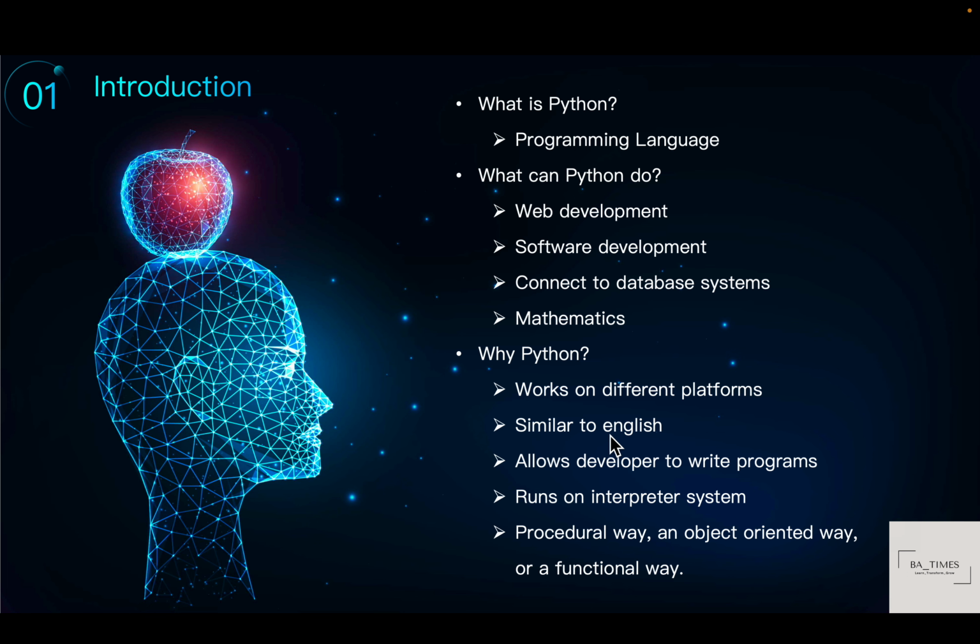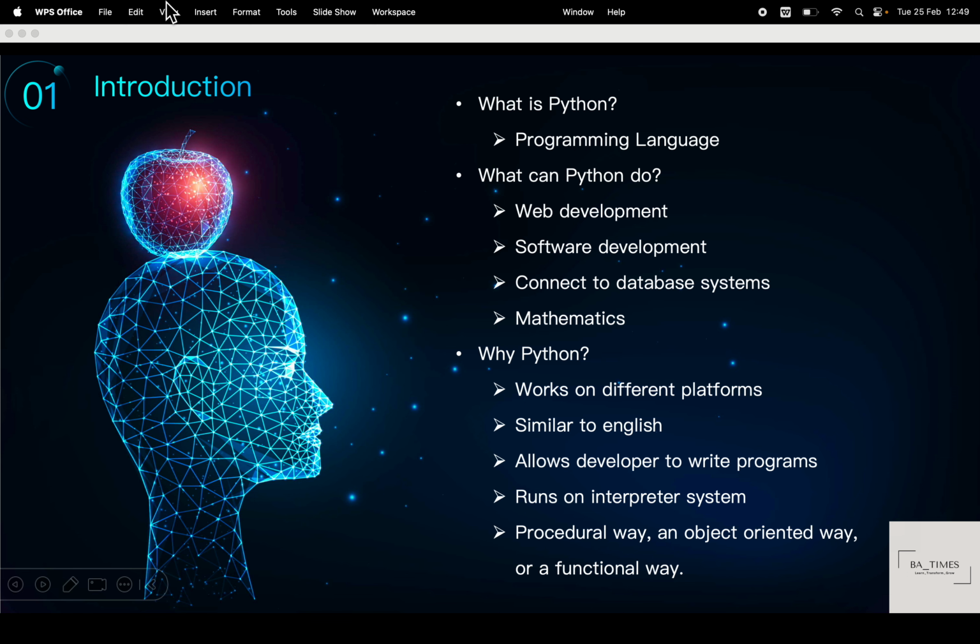Coming to installation of Python, so in most of the PCs and laptops nowadays, Python is already being installed in your system. But if it's not over there, and if you're not able to download it, I'll show you.